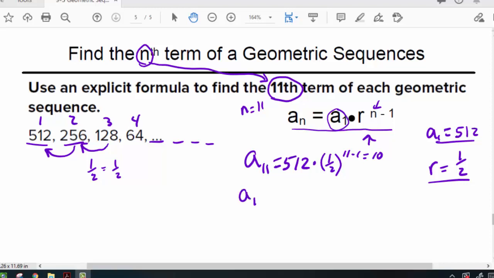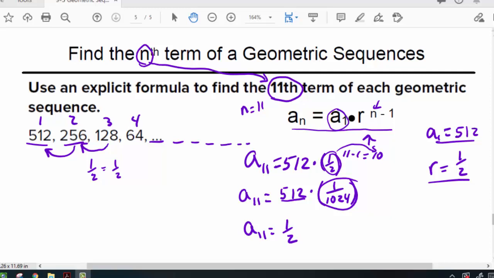Simplify this a little bit, so the 11th term is going to be 512 times 1/2 to the 10th power, which is going to give us 1 over 1024. Then when we do 512 times 1 over 1024, we end up with 1/2. So if we extend this all the way out, the 11th term would be 1/2.